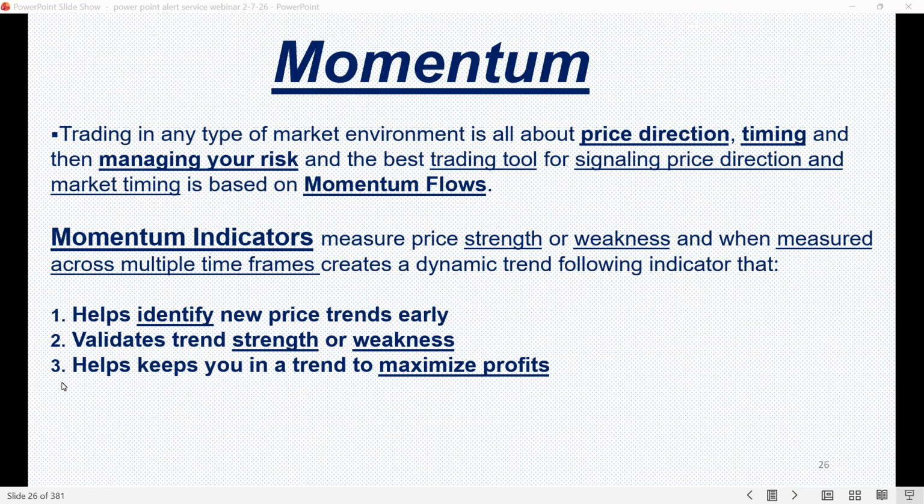Momentum indicators measure price strength or weakness. When you measure these across multiple time frames, it creates a dynamic trend following indicator that you can use to identify new price trends earlier, before the herd sees them. So you can see these things starting to set up based on momentum shifts.